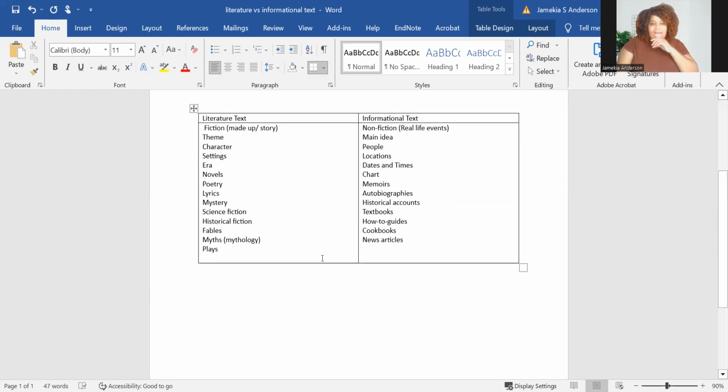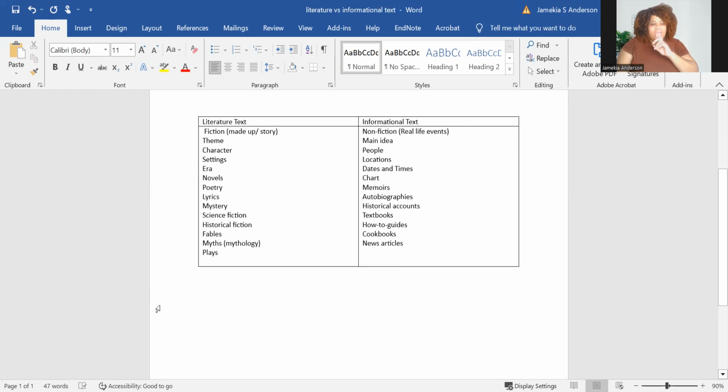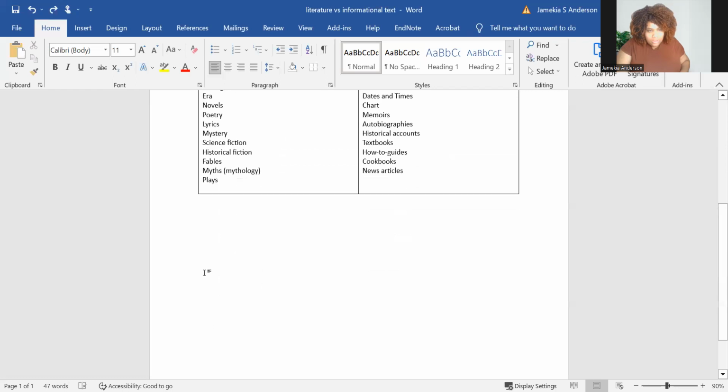And I don't know if you guys use any of these resources. But typically we used Achieve 3000. I'm just putting this down here for y'all as some additional resources.